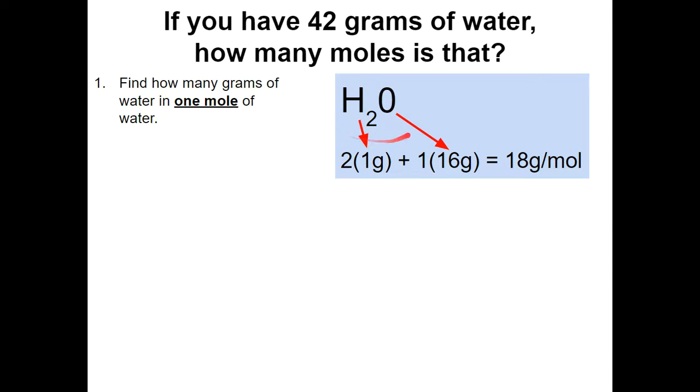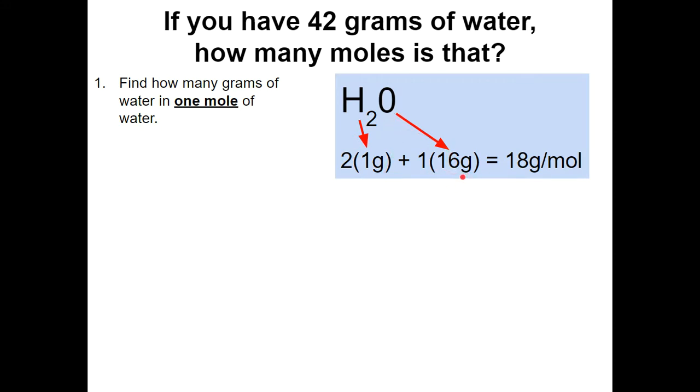So H2O is water, so it's got 2 hydrogens and 1 oxygen. So 2 hydrogens, each of them weighs 1 gram. A mole of hydrogen weighs 1 gram, and so you have 2 of them in each water. And then oxygen weighs 16 grams.